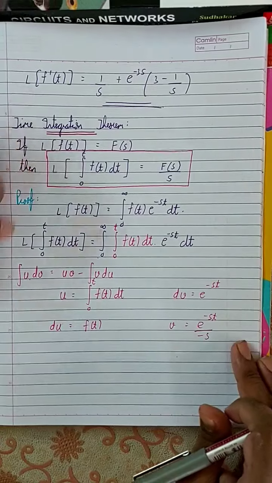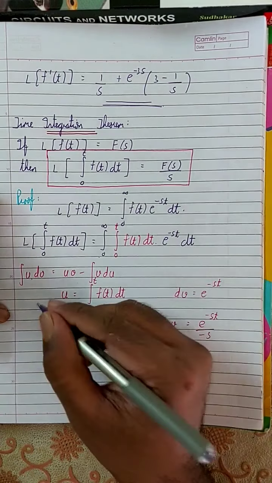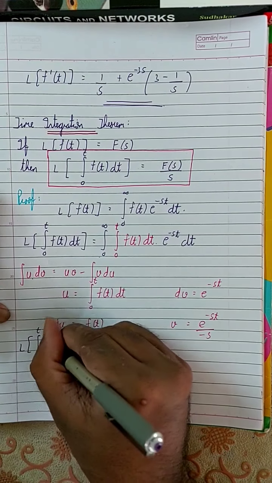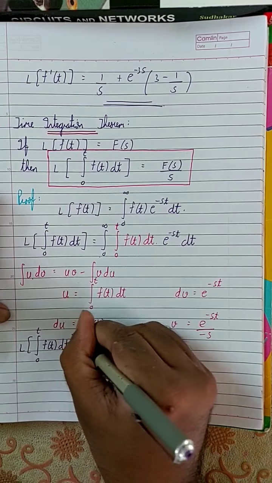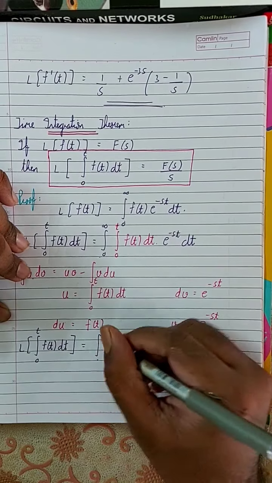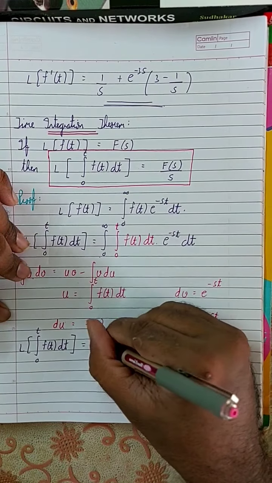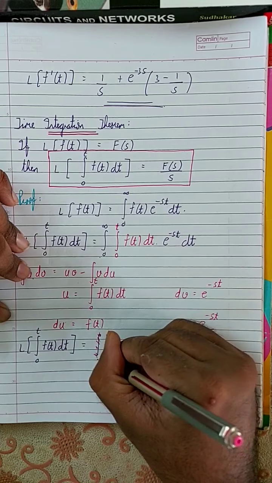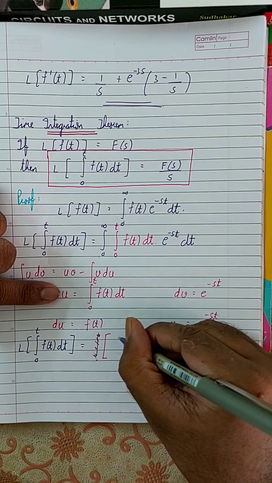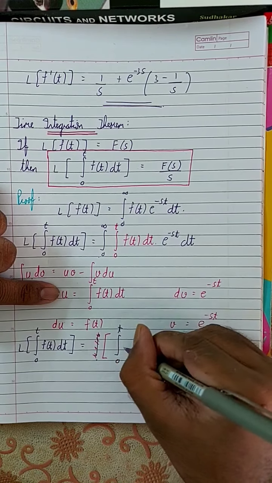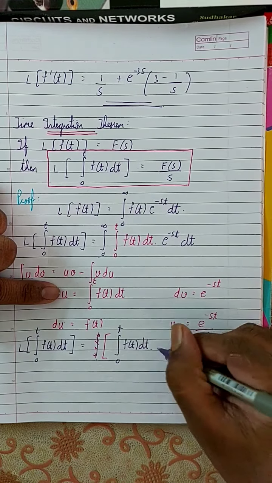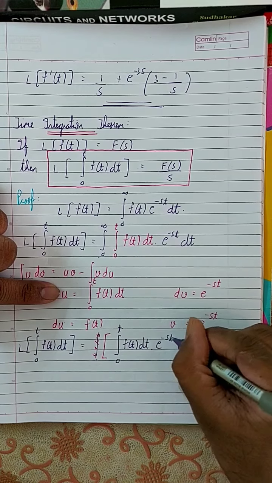I will get that the Laplace transform of the integral 0 to t of f of t dt is equal to uv. u is this one, the integral 0 to t of f of t dt, into v, which is e raised to minus st by minus s.